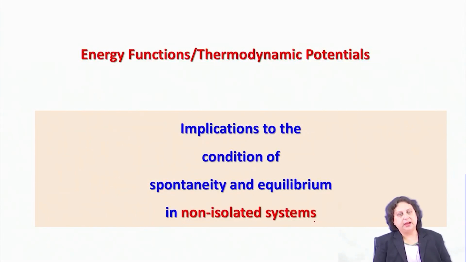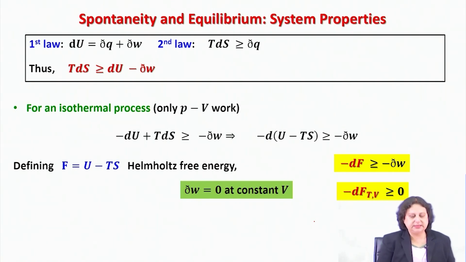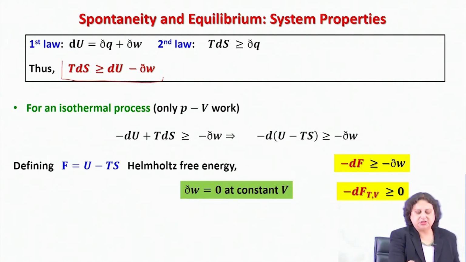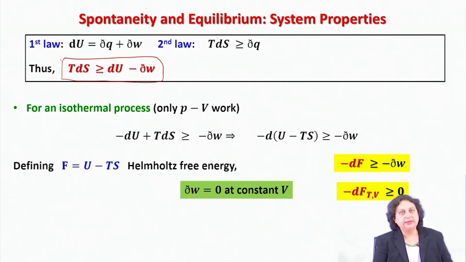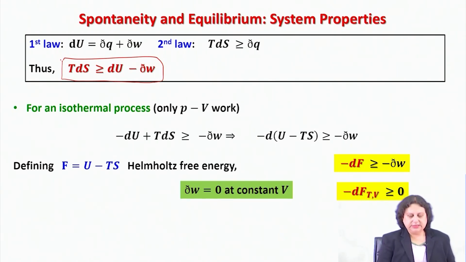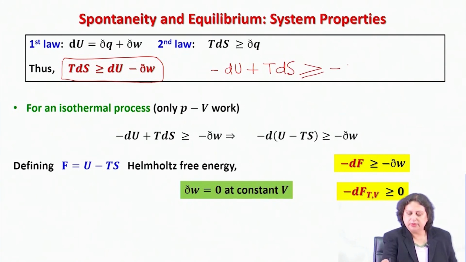Now, why are these important? Let us have a look at the implications to the condition of spontaneity and equilibrium in non-isolated systems, where we have already seen that if I combine the first and the second law of thermodynamics, I must have this relationship that TdS is greater than or equal to dU minus dW. Or in other words, I can always write that minus dU plus TdS is greater than or equal to minus dW.